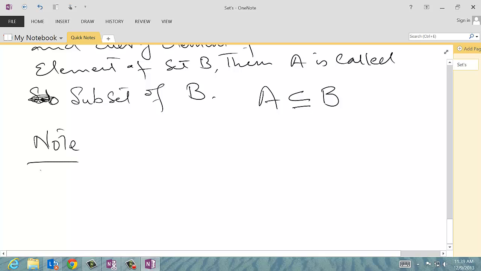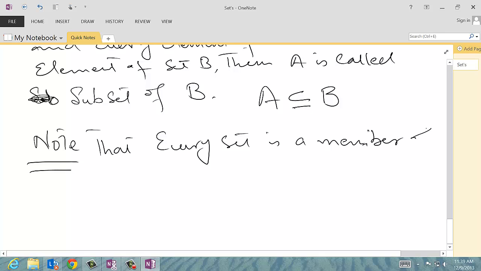So note that every set is a subset of itself.